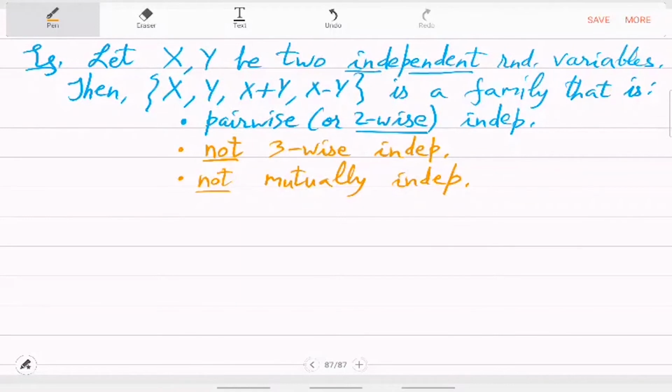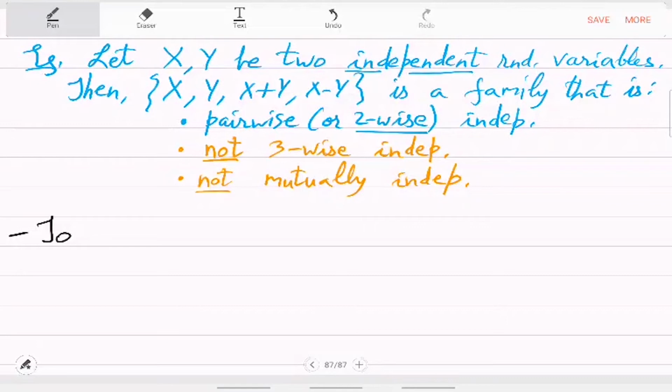So that is a simple example, which tells you that very easily this wise independence can change. And there is a big gap between pairwise and mutual independence. That is the gap between the law of large numbers and the Chernoff bound in the hypothesis of the two.